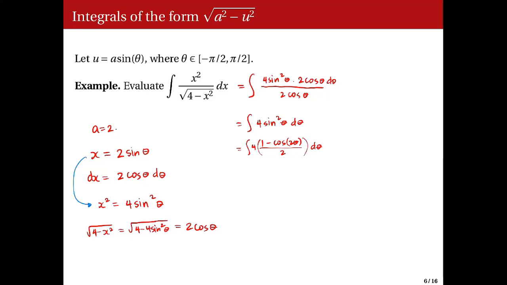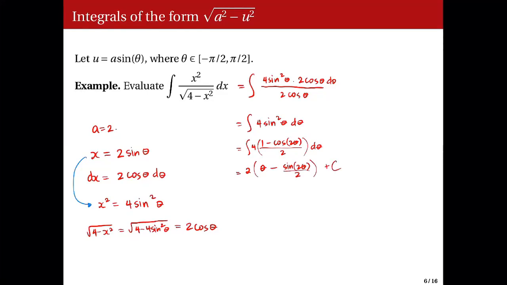Let's just integrate this. 4 over 2 is just 2. Then, quantity: integral of 1 d theta is theta, minus integral of cosine 2 theta, that's sine 2 theta divided by 2, and then we have the plus c.